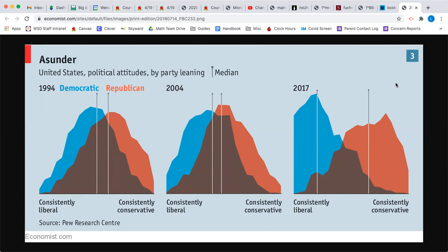In 2017, obviously, the data looks more like a bimodal distribution than a normal distribution. I mean, it was technically still bimodal before, but it was much closer to being a normal distribution. But in 2017, it looks much more like a bimodal distribution, as you can see how significantly left the Democrats have moved, and the significant amount the Republicans have moved to the right.